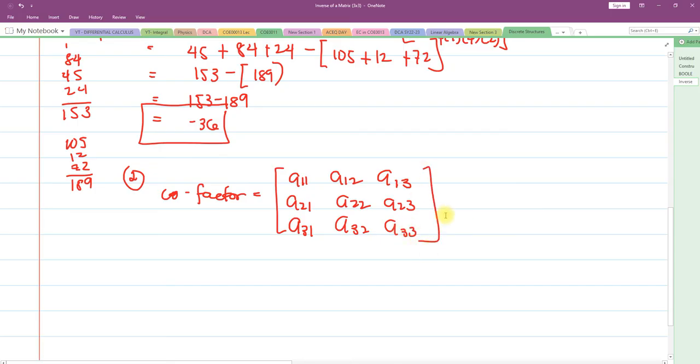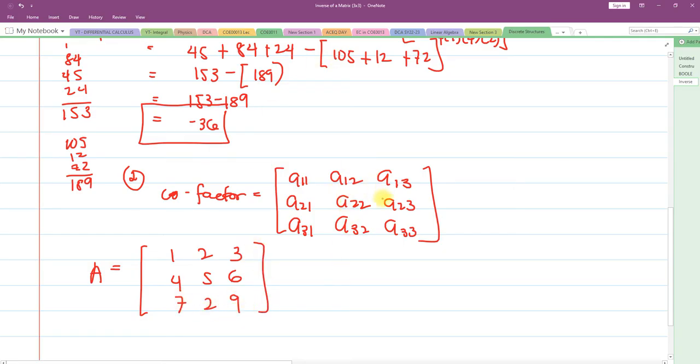As you may notice, we have subscripts wherein 1,1 means row 1, column 1. That's the position of this element, and A12 means row 1, column 2. We are going to get all of the values of these elements from the matrix A. How do we do that? We have 1, 2, 3, 4, 5, 6, 7, 2, 9.